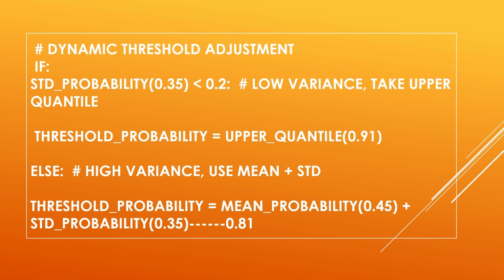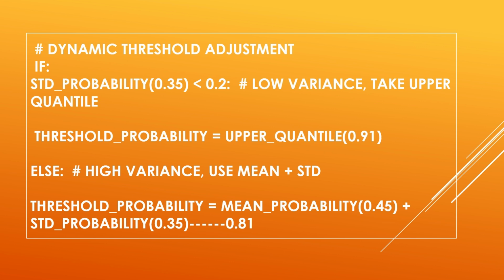Similarly, when the variance is high, greater than 20%, then use mean plus standard deviation. So in our case, the mean was 0.46 and the standard deviation was 0.35. That's why the threshold becomes 0.81.